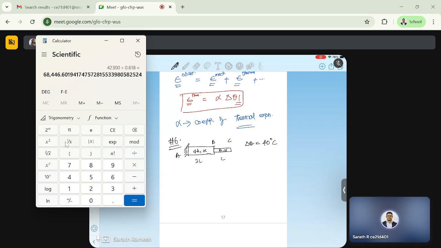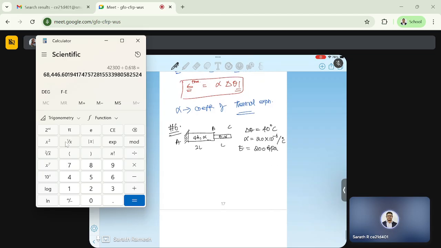I'm not changing any of the dimensions. So the alpha value is given as 20 times 10 to the power minus 6 per degree Celsius. The E value is given as 200 gigapascal. Okay. Now, what do we need to find?